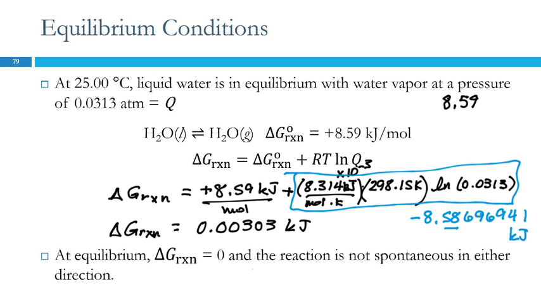So if we do that with 3, what I'm doing here is I'm taking this number and I'm adding this negative number. And my calculator gives me 0.00303 and some other things.